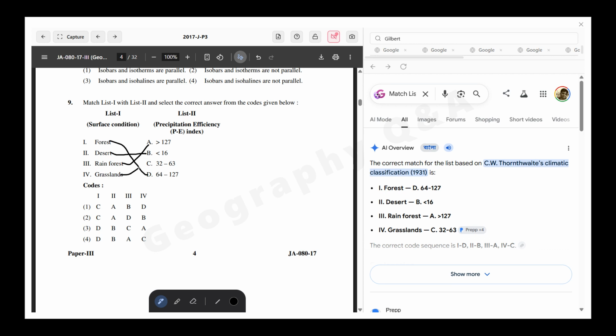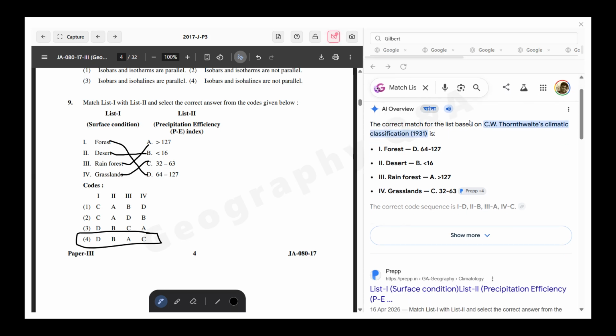Then grassland equals 32 to 63. So 1D, 2B, 3A. So option 4 is the correct answer. So the correct match is based on the 1931 climatic classification given by Thornthwaite.